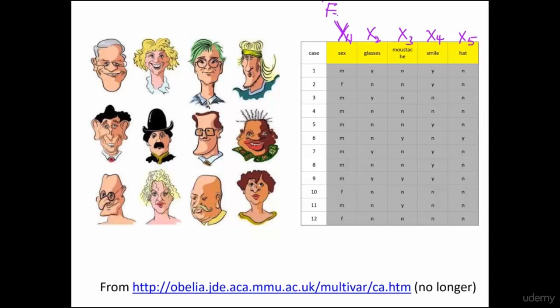So you have feature 1, feature 2, feature 3, feature 4, and feature 5. The input variables are also called features, and all the features put together are called a feature set.